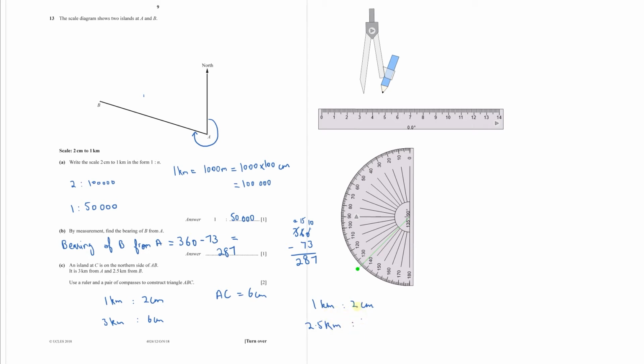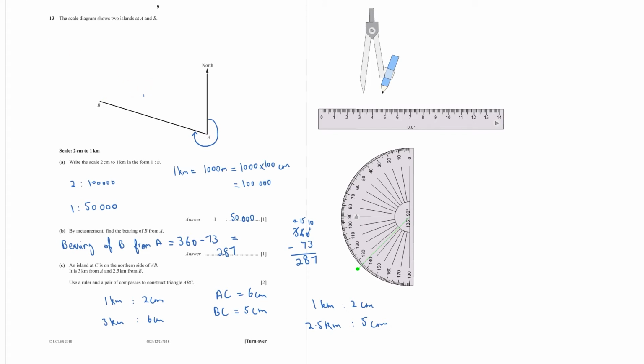So 2 times 2.5 is 5 centimeters. So your length BC is 5 centimeters. So this point C is north of this line AB, which means it's above. AC is 6 centimeters and BC is 5 centimeters.